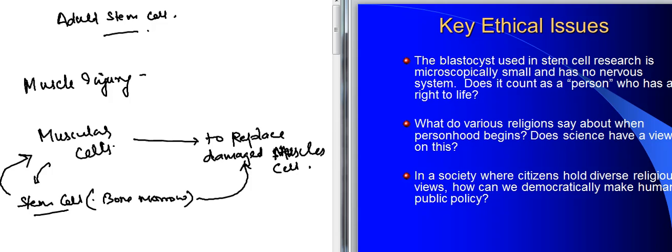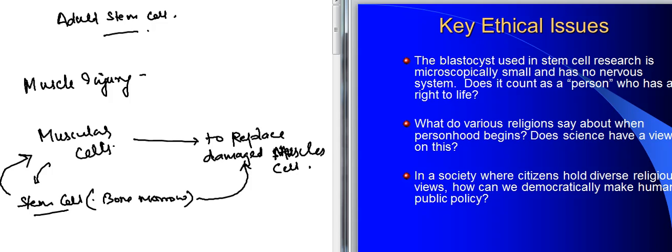Again, there are some ethical issues behind that. Some groups of people do not accept it as a legal way. Some ethics are also related to it. Like if we are handling the embryo, and if an embryo is formed, that means life has started. So it seems we can't disturb or kill the embryo.